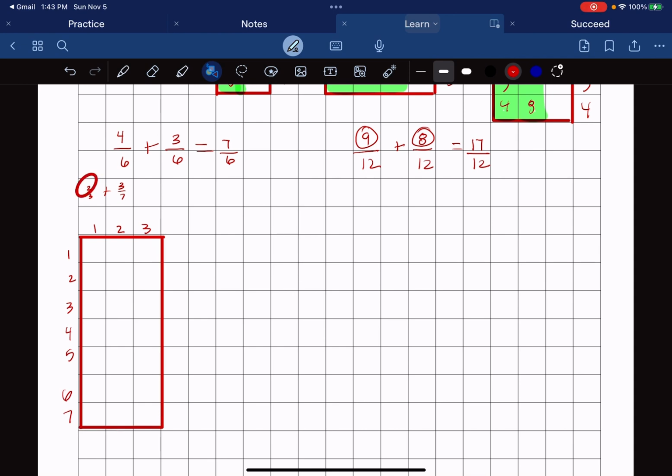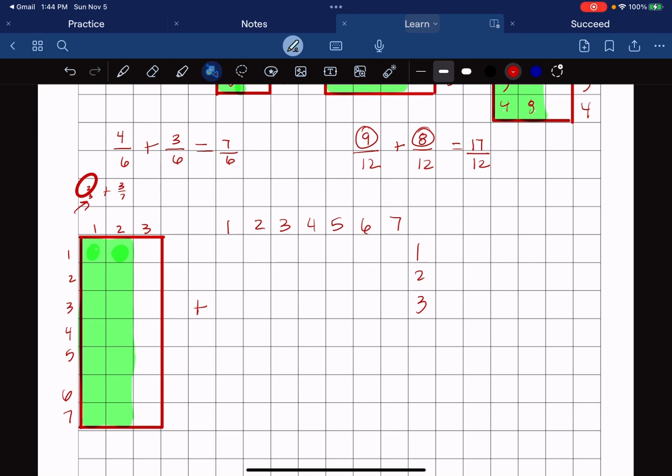And I need 2 out of the 3 shaded in. So 1, 2, and we're going to come all the way down. Doesn't have to be perfect, but as long as we've got all of that going down that direction. Now we're going to add that to 3/7. So my denominator is a 7, so I'm going to count 1, 2, 3, 4, 5, 6, 7 across, and then 1, 2, 3 down because my denominator here is a 3.